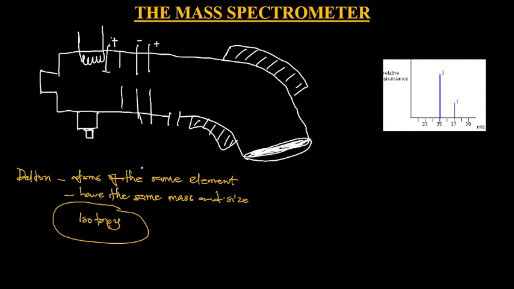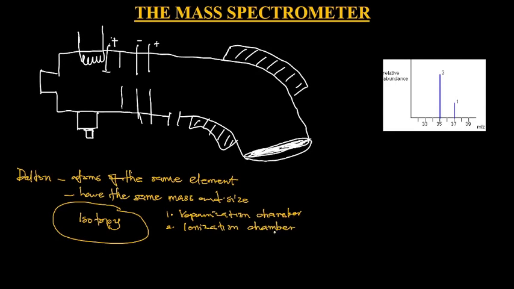First, it has five chambers that we'll be looking at. The first one is a vaporization chamber. Then it has the ionization chamber.